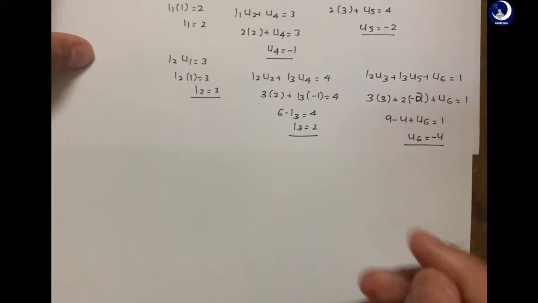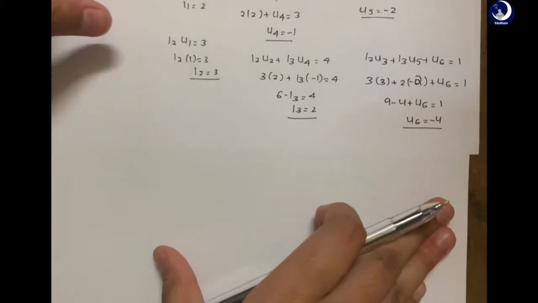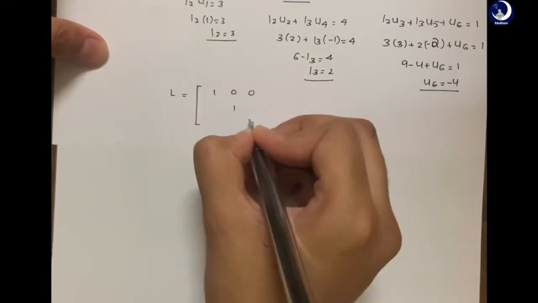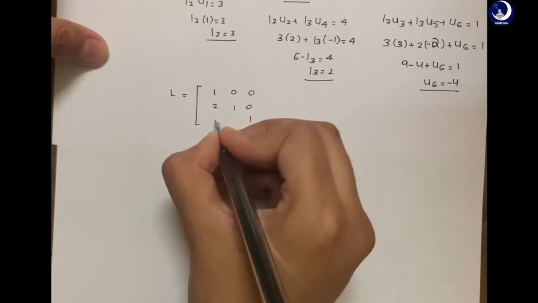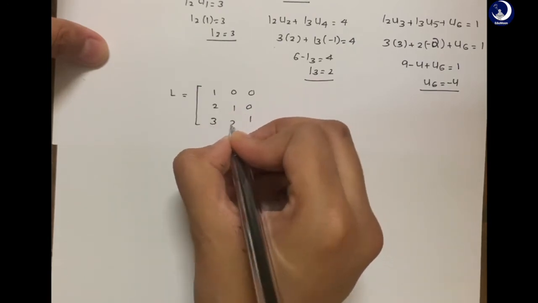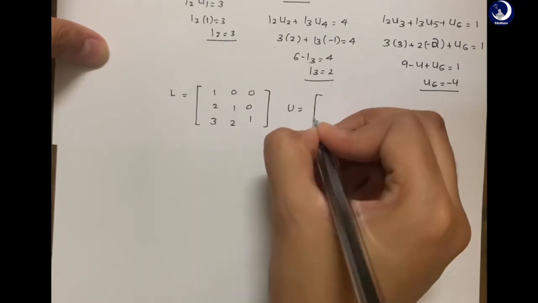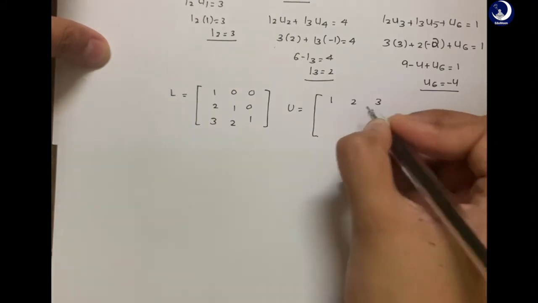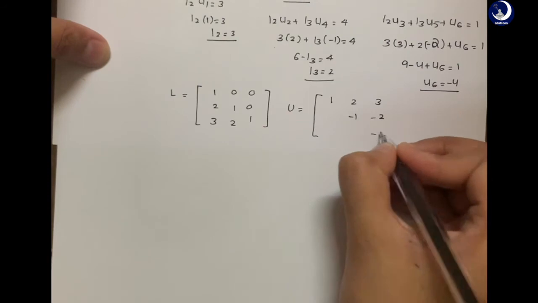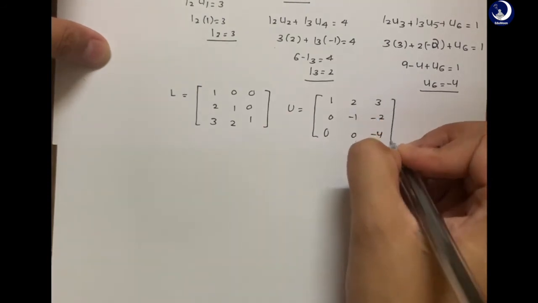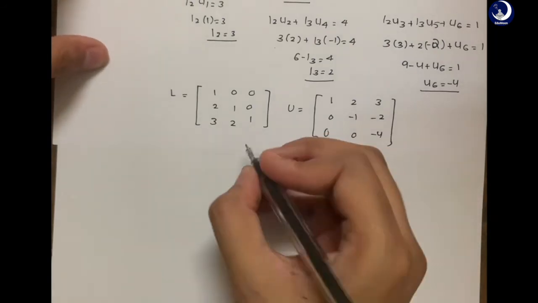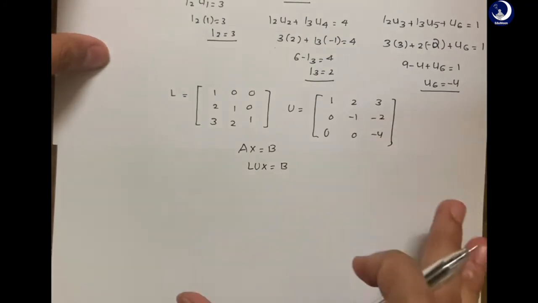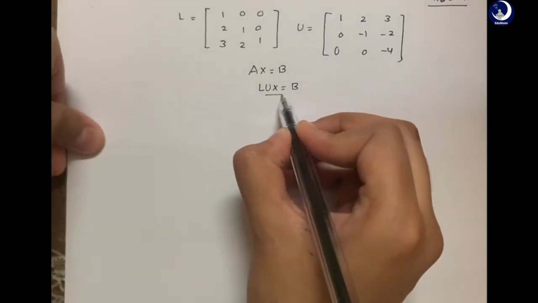u6 equal to -4. Let's substitute these variable values in L and U matrix. We'll be getting L as equal to. Since Ax equal to b, LUx equal to b, let's take Ux equal to y.